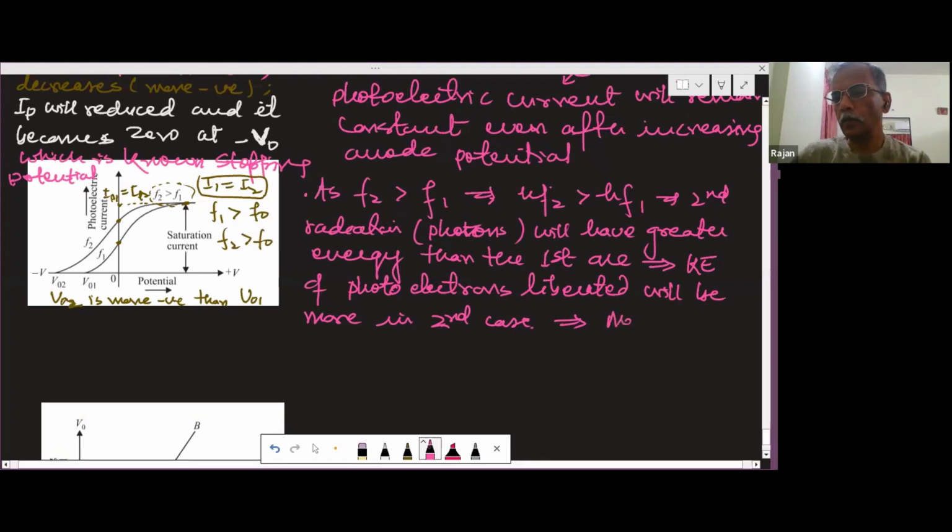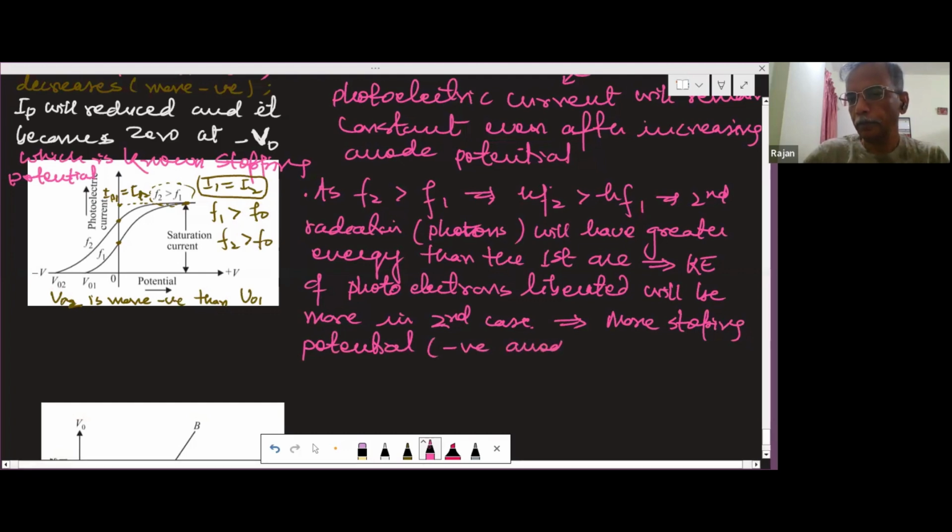So we can say more stopping potential, that is a negative anode potential, for the second case, correct?